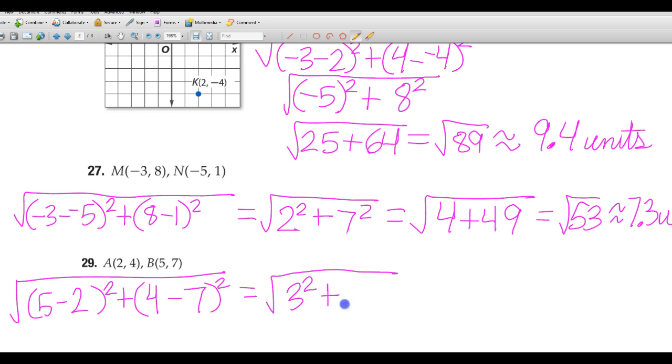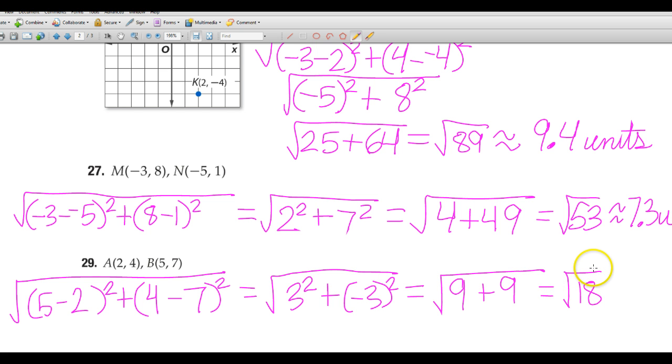Okay, so I get a negative here. It has to go in parentheses. And that's approximately 4.2 units.